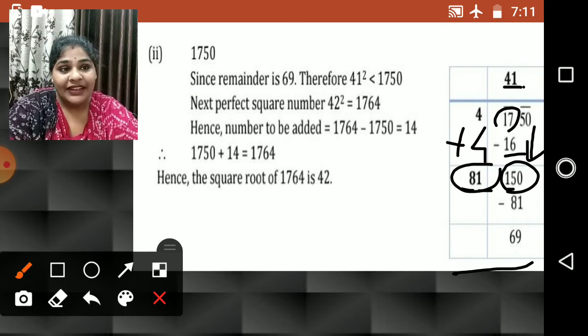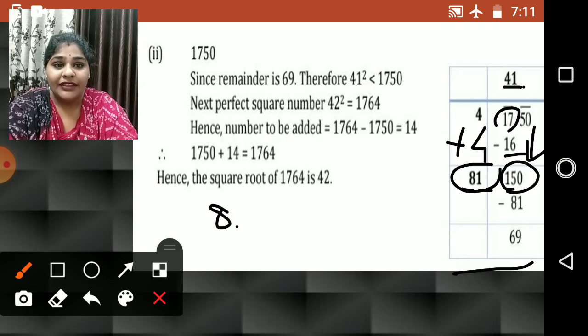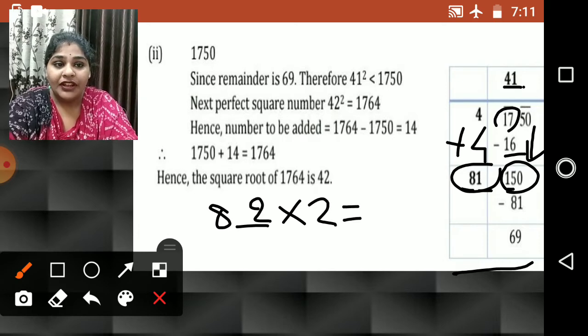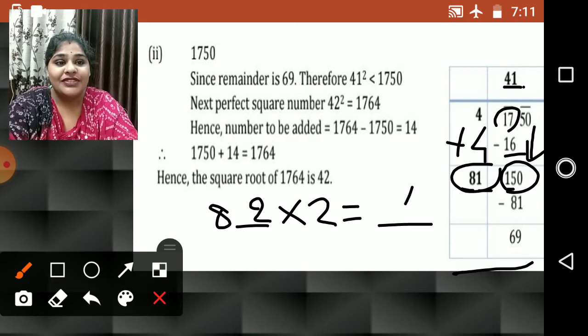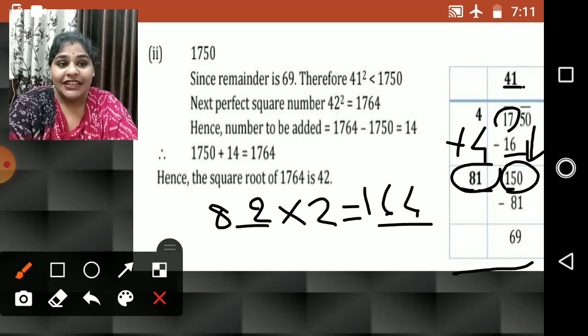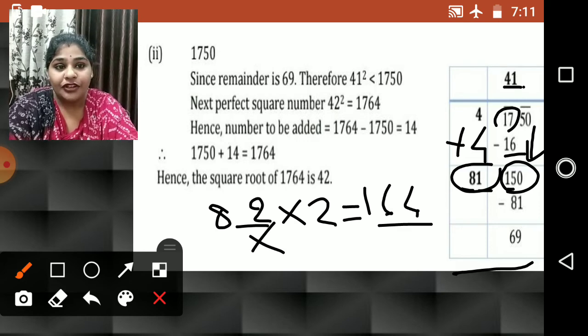So I found that 81 multiplied by 1, because if I take 2 in the place here, 82 multiplied by 2, the product will be greater than 150. So this is 2 2s are 4, 8 2s are 16. It will be 164, which is greater than 150. So we cannot take 2, right?